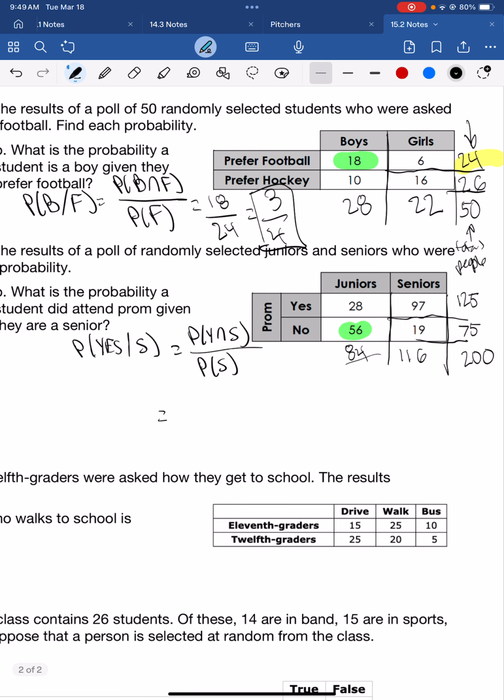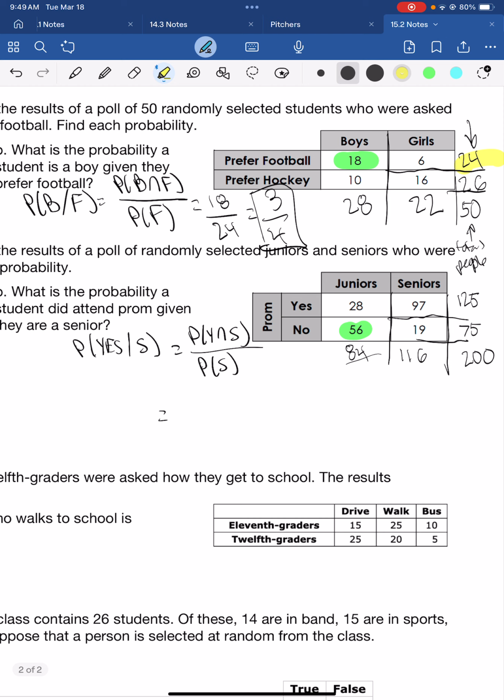So yes and senior is going to be right here, 97 out of all seniors, which would be 116, like that. All right.